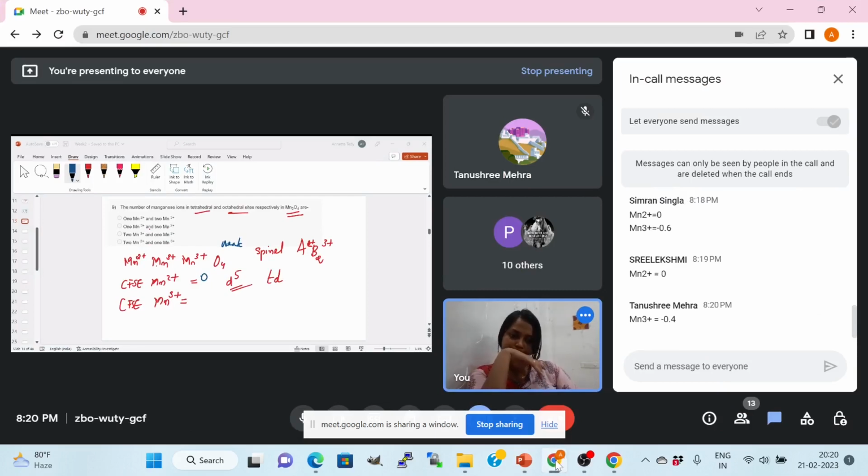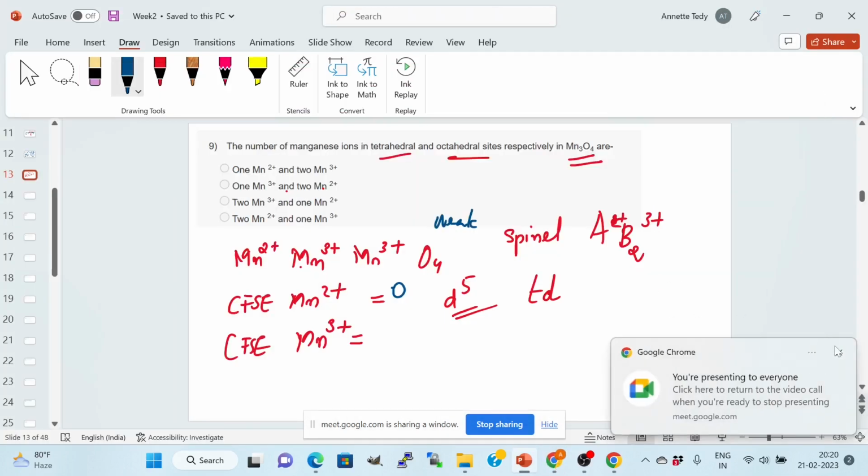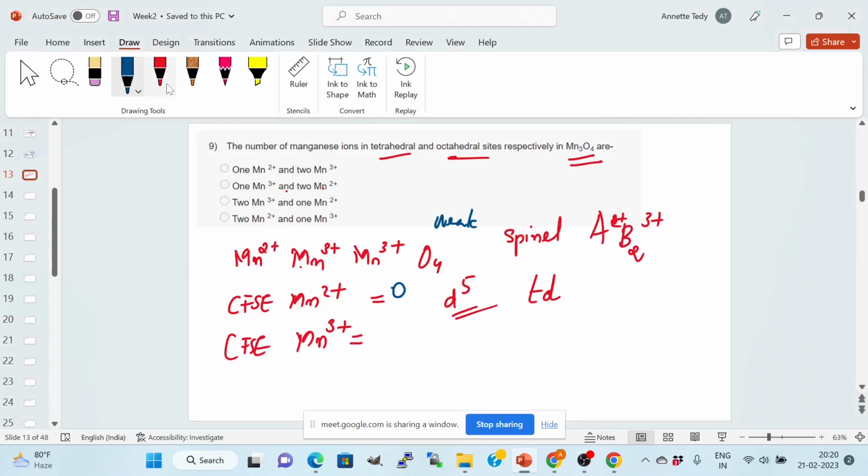Okay, so Mn3+ will have d4 electrons, right? Mn2+ is d5. For getting one more plus, we have to remove one more electron, so it will be d4.